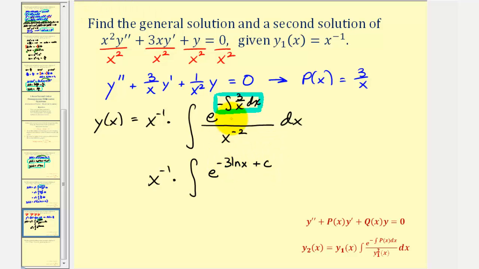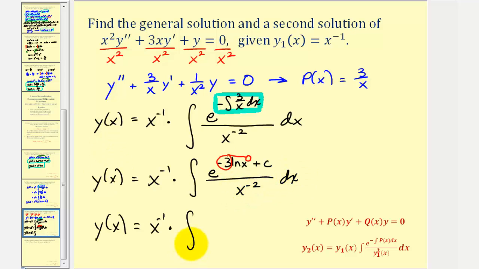Now looking at this natural log here, we're actually going to take this coefficient of negative 3 and move it to the position of the exponent before we simplify. This is still divided by x to the power of negative 2 dx. So this is going to be e raised to the power of natural log x to the negative 3. Then because we're adding the exponents, this would be the same as times e to the power of c divided by x to the power of negative 2.